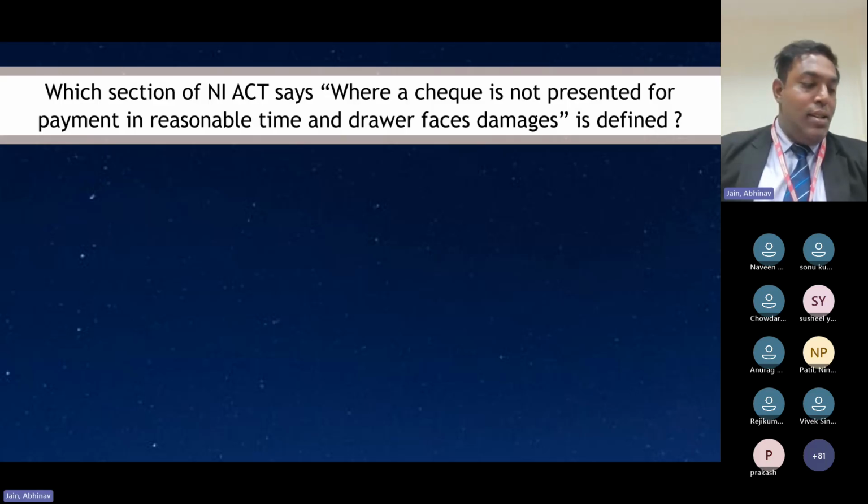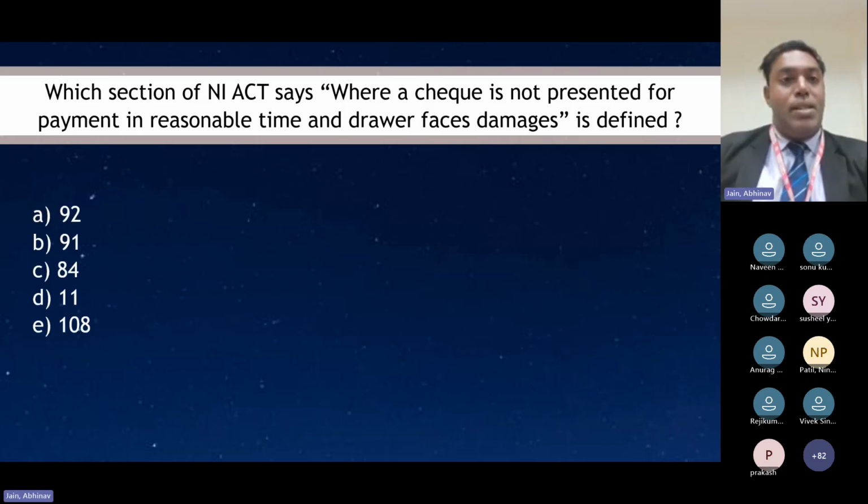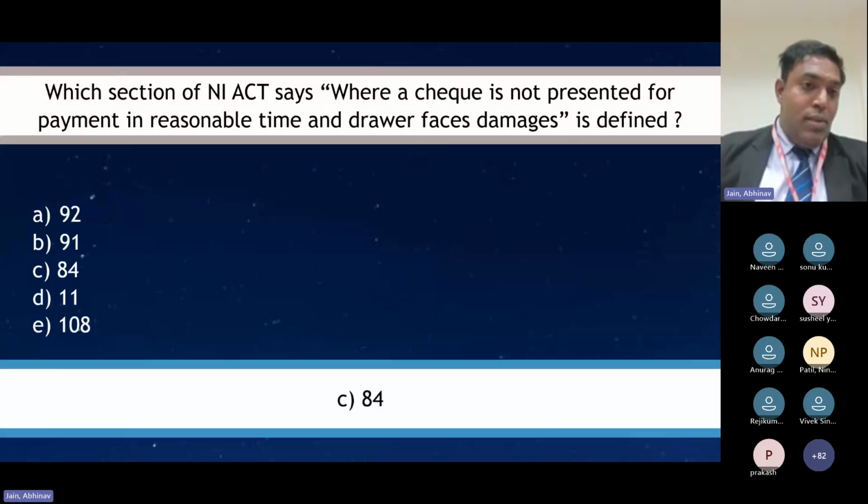Next question. Which section of NI Act defines the case where a cheque is not presented in reasonable time and the drawer faces damages? Suppose the cheque is not presented for payment in reasonable time and the drawer who has drawn the cheque faces damages because of it. The correct answer is section 84.